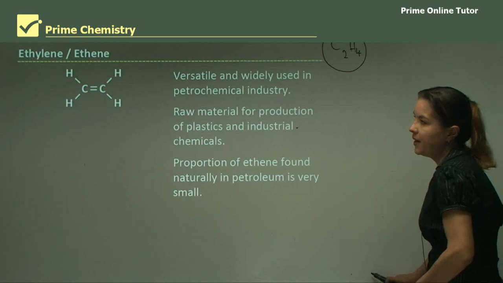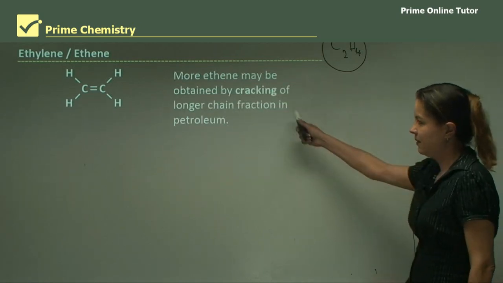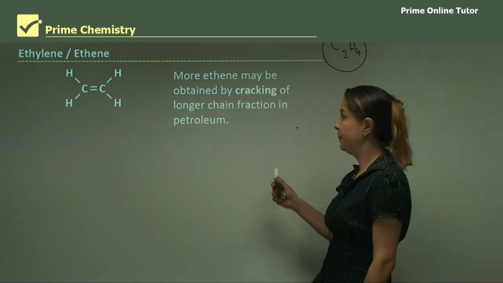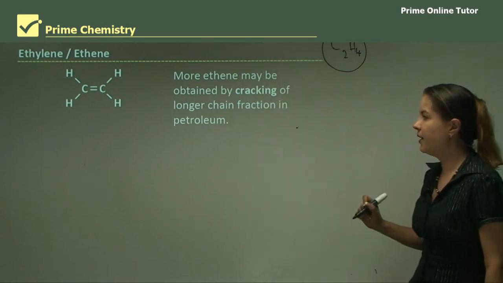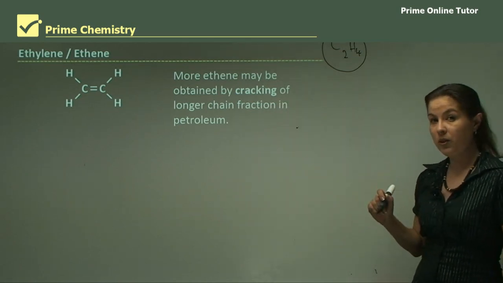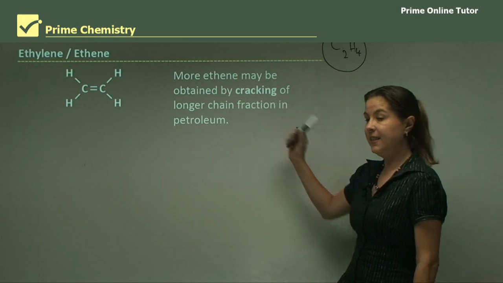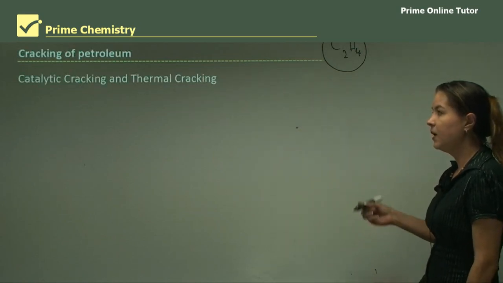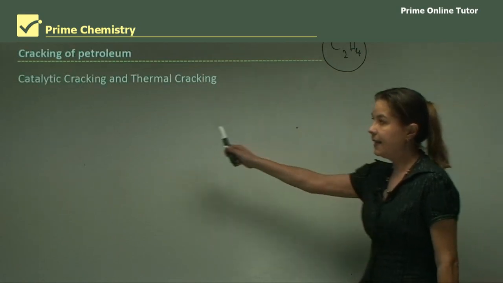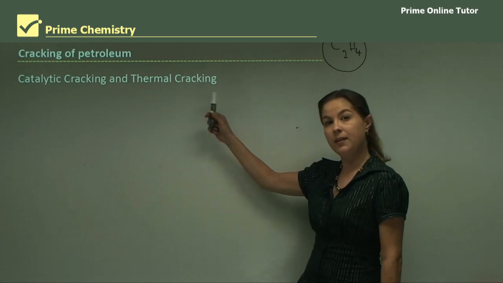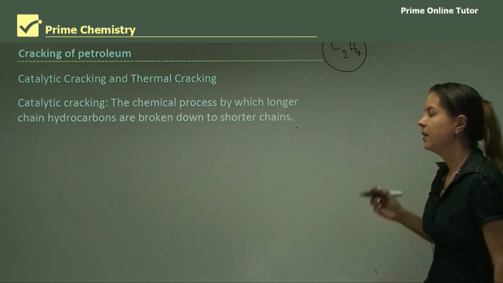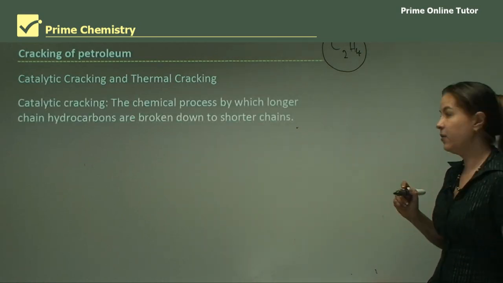Now I did mention cracking, and that's how we get more ethene. We crack longer chain fractions into smaller chain fractions. There are two types of cracking, catalytic cracking and thermal cracking, and you'll need to remember this. Let's start by looking at catalytic cracking.